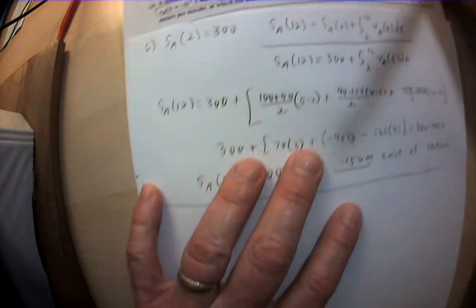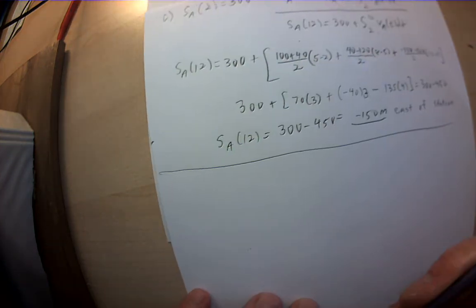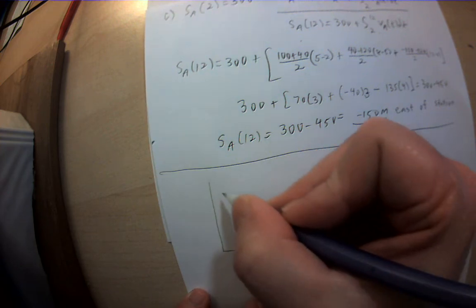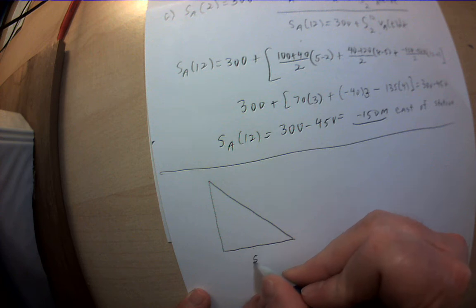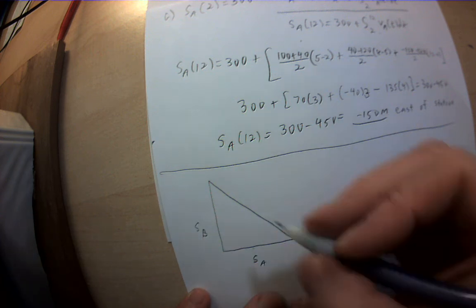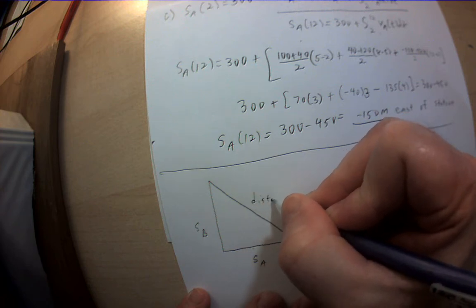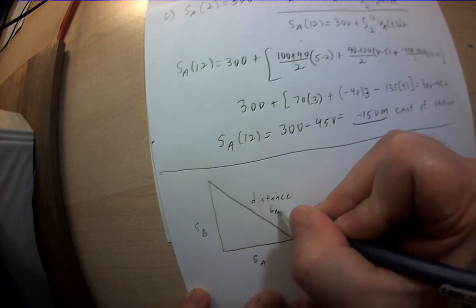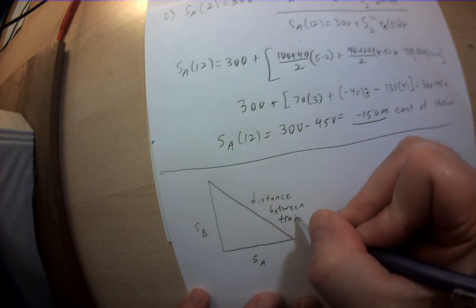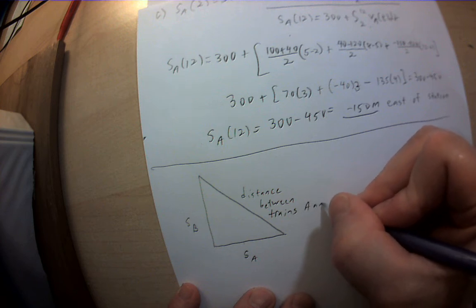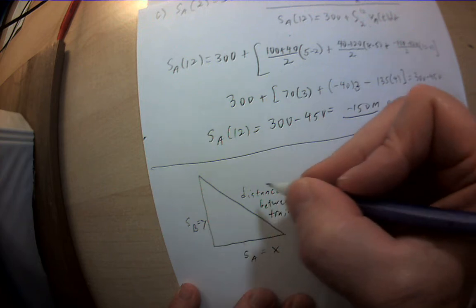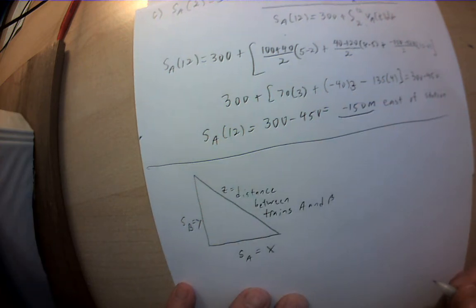So what you've got here, let's draw the problem. I've got S_A and I've got S_B, and this is the distance between them, trains A and B. To make my life easy, I'm going to call this x, this y, and this z.